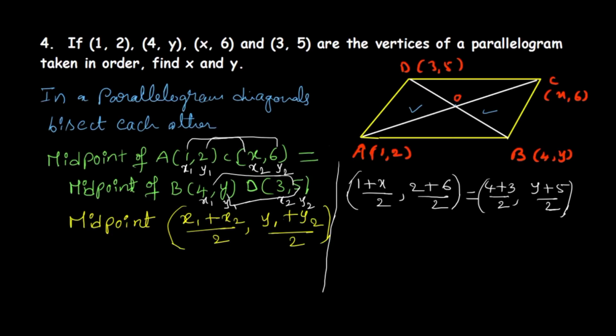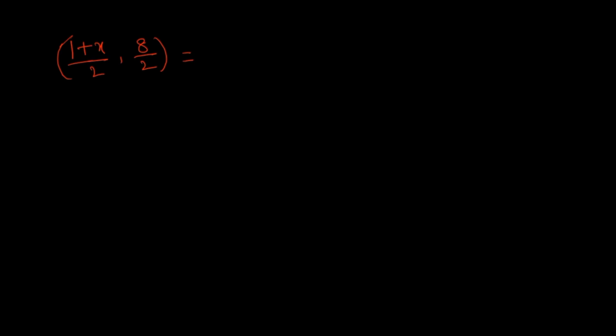Now in the next step, 1 plus x by 2, and 2 plus 6 is 8, so 8 by 2. So (1 plus x) divided by 2, comma 8 by 2, equals 4 plus 3 is 7, 7 by 2, comma (y plus 5) by 2.